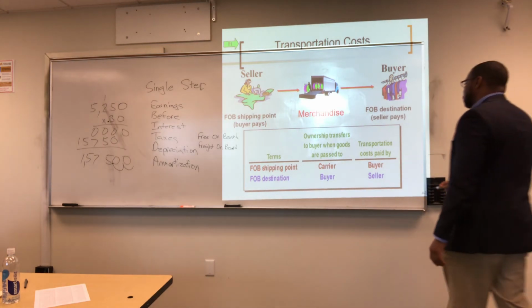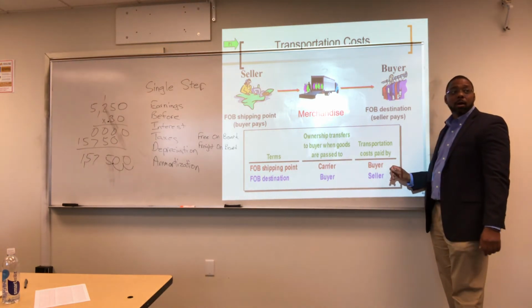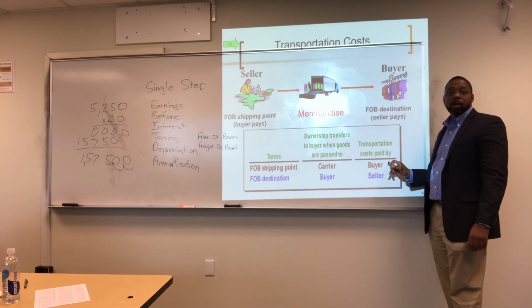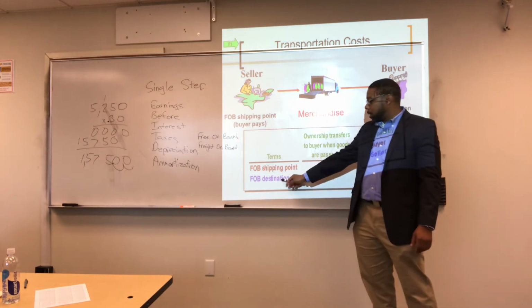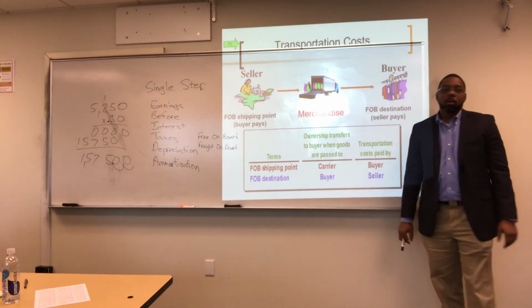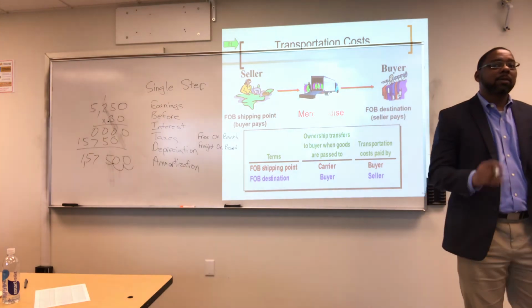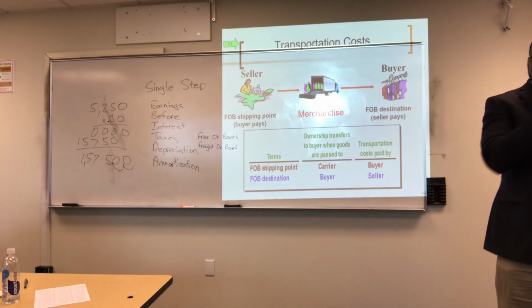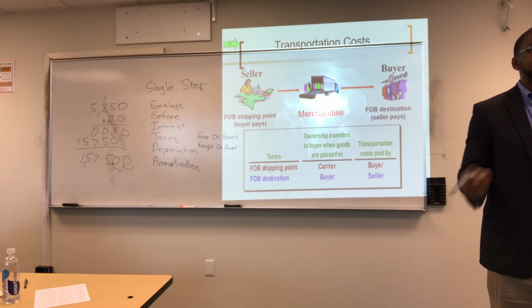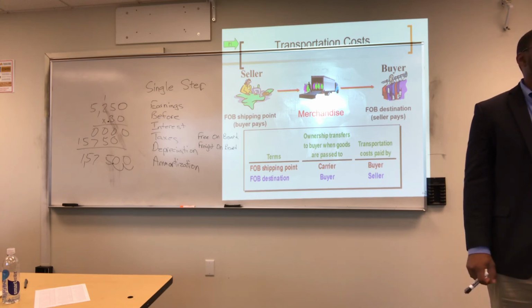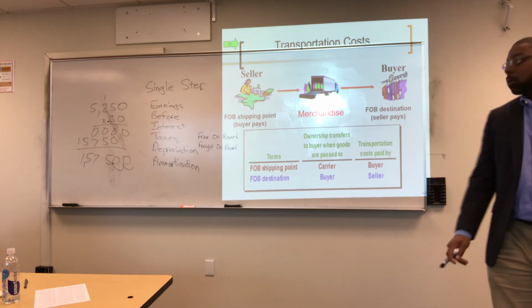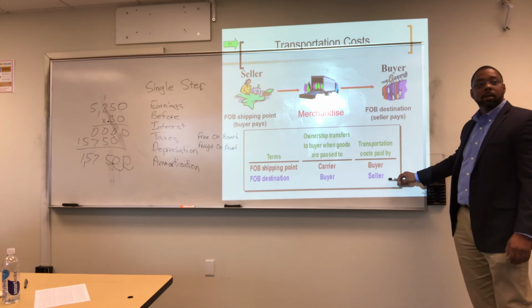Who pays the transportation costs? The buyer. That is your major concern as the accountant. FOB destination point. The product is not the buyer's until it is in their hand and they sign for it. Until then, it's the seller's. Who pays for the shipping? The seller.